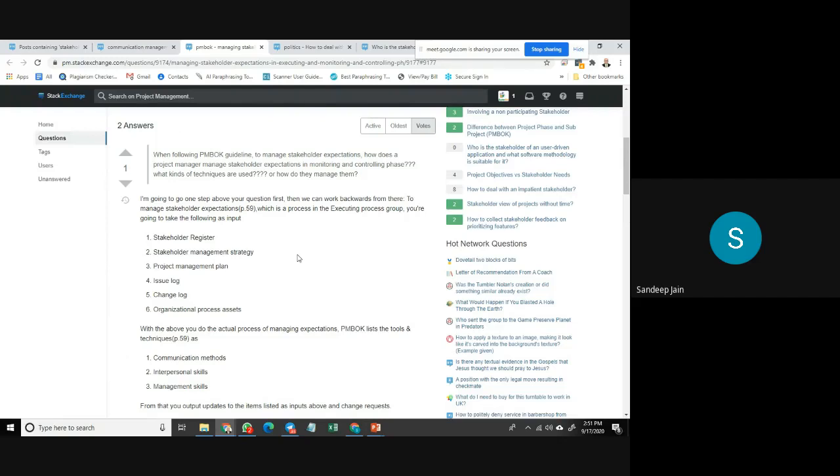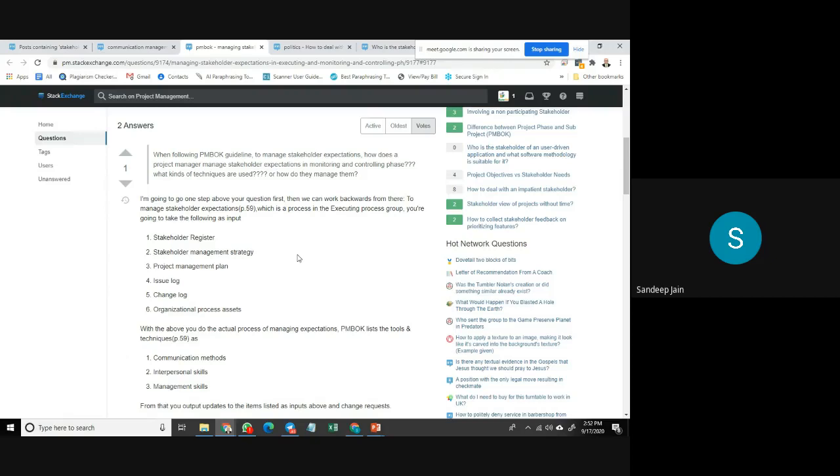But obviously, if we have to go by the framework of the PMBOK, we have to map it to some actions which are happening in real life. So the definition is okay, but how do you map it to something on the ground? What are the things that are possible in controlling and monitoring stakeholder engagement?